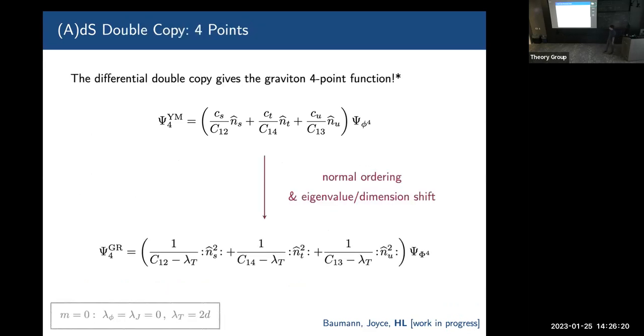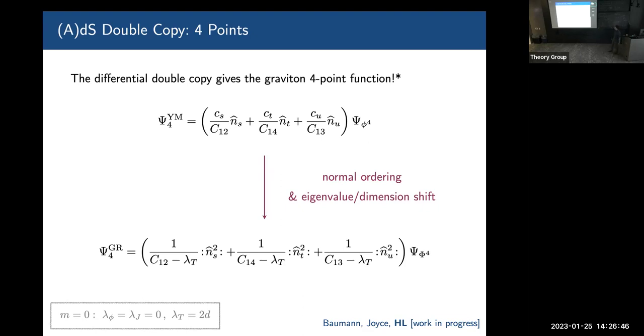So we seem to have the same duality between color and kinematic factors here, so we can go through the double copy procedure. Same as the 3-point function, we strip off the color factors and then square these kinematic factors, which are operators. After squaring, we order them properly, and we also shift the dimension of the seed function.